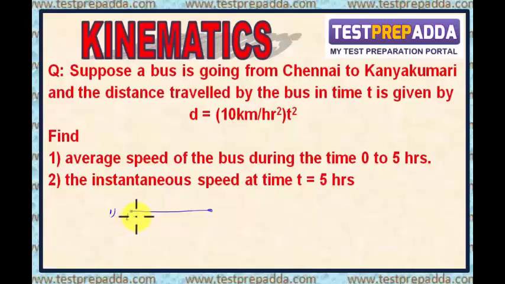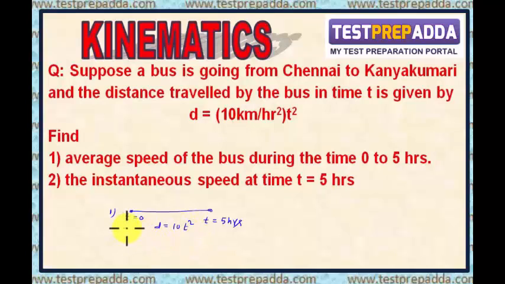At t = 0, bus is here, and I'll take t as 5 hours. So, use the relation given, d = 10 t square.